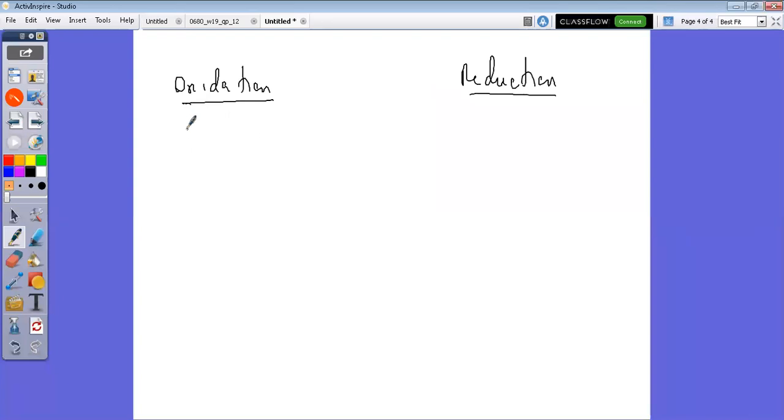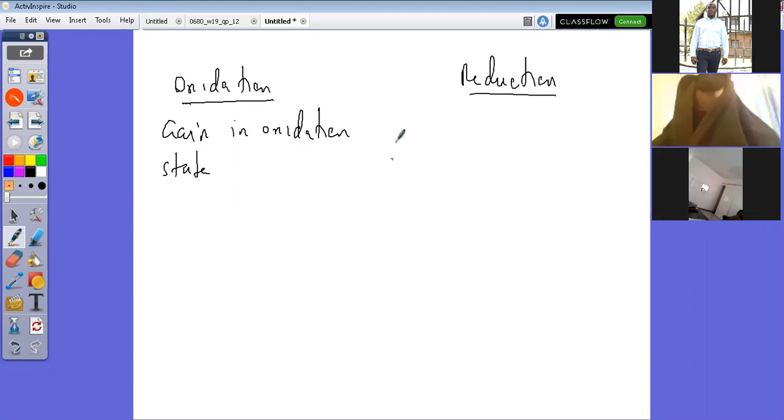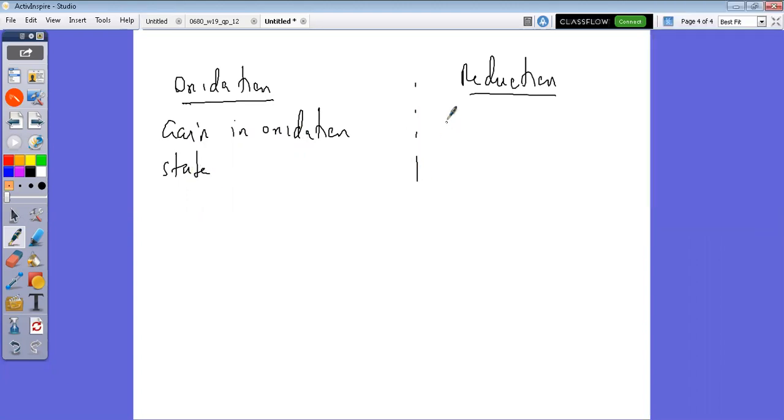Oxidation is the gain in oxidation state. Then reduction is the loss in oxidation state.